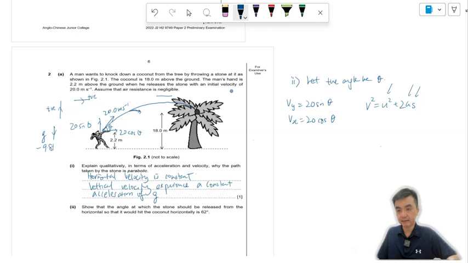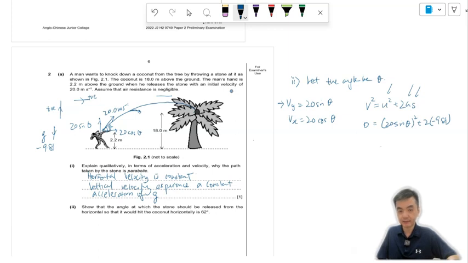U is the initial velocity. Final velocity in this case will be 0 when it hits the coconut. So I will have 0 equals (20 sine theta) squared plus 2 times a, where a will be minus 9.81, because we have already set the direction. Positive is upwards, therefore g is acting downwards, and I have to add a minus sign there.